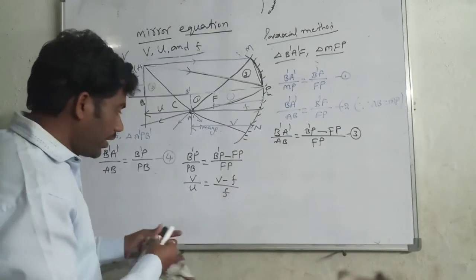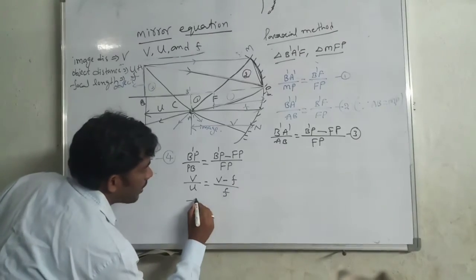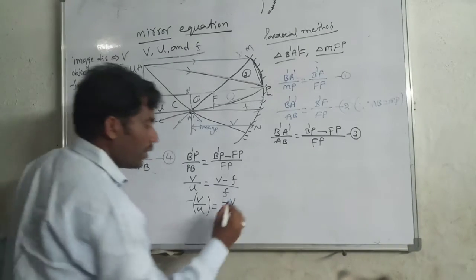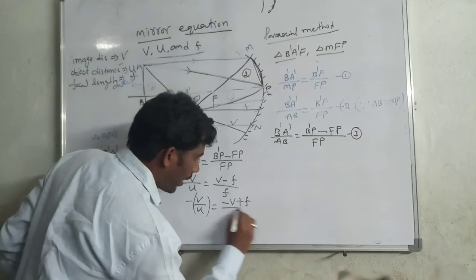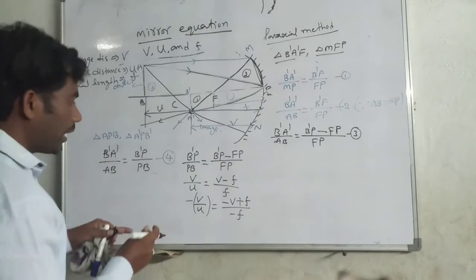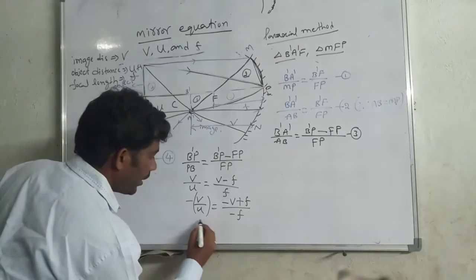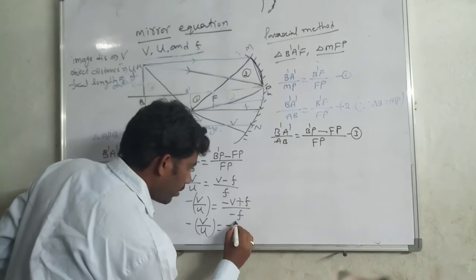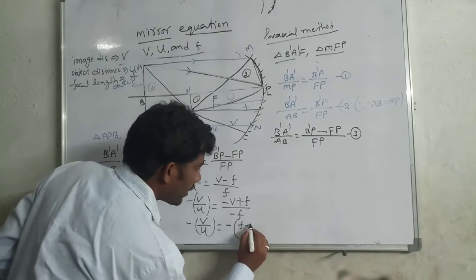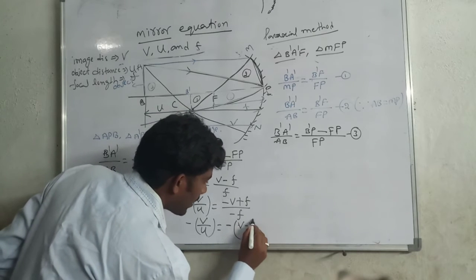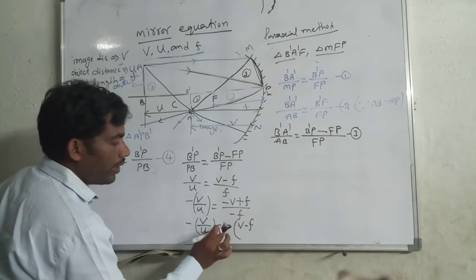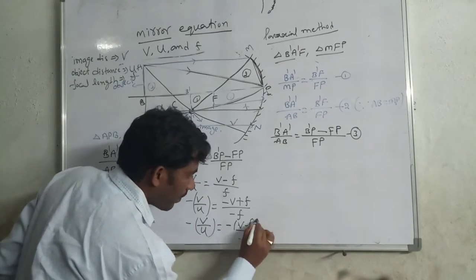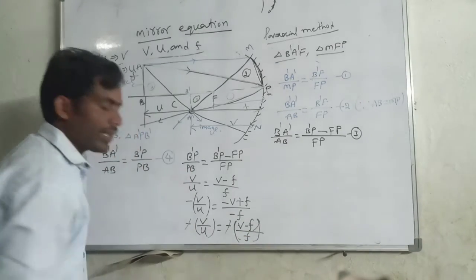Applying the sign convention, this value is minus V by minus U, and minus of minus is plus, F by minus F. The minus cancels on both sides, then you get V by U equal to minus V, taking minus common, F minus V minus F, so minus into minus gives plus F by F. Both sides the minus gets cancelled.